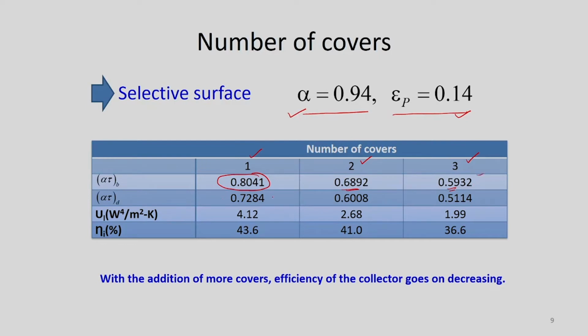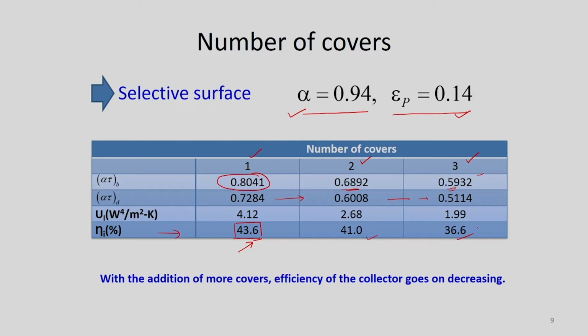Similarly, there is a reduction of the transmissivity-absorptivity product for diffuse radiation as the number of covers increases from 1 to 3. So if we see the instantaneous efficiency, it is found to be best for the single cover system compared to double and triple cover systems.